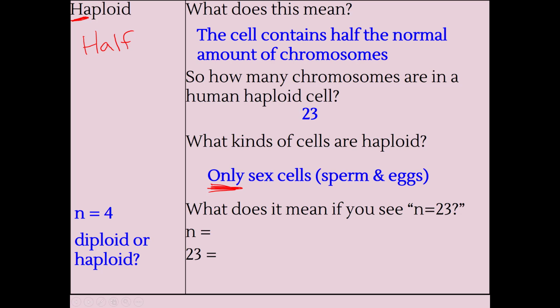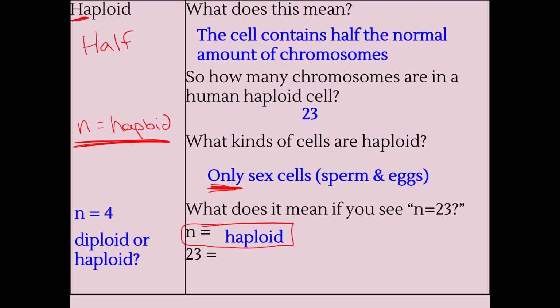Again, we are dealing with a couple of math variables here. If we see the letter N, N equals haploid. I'm going to write it over here, writing it multiple times: N equals haploid. 23 is going to represent the number of chromosomes.